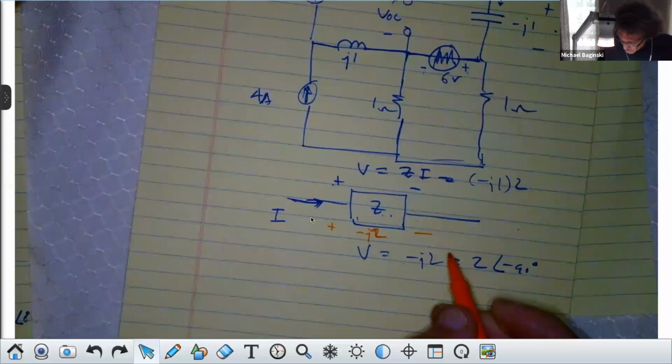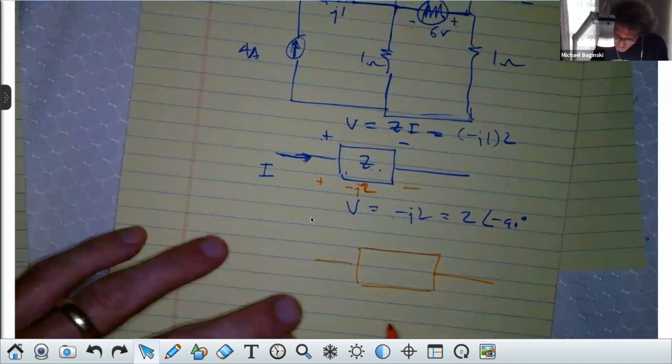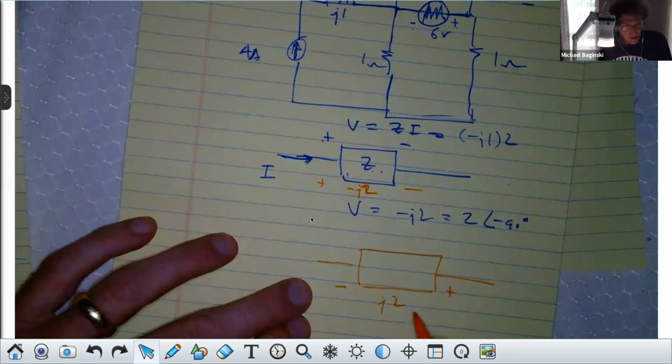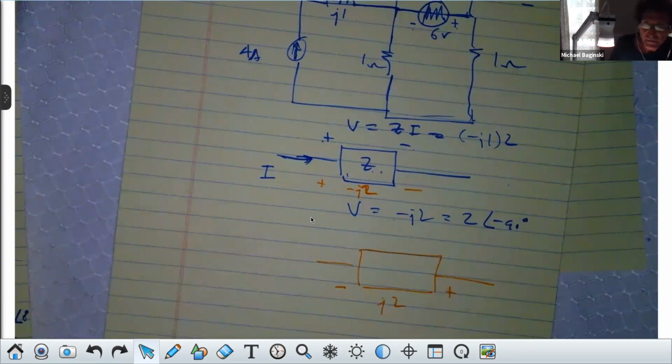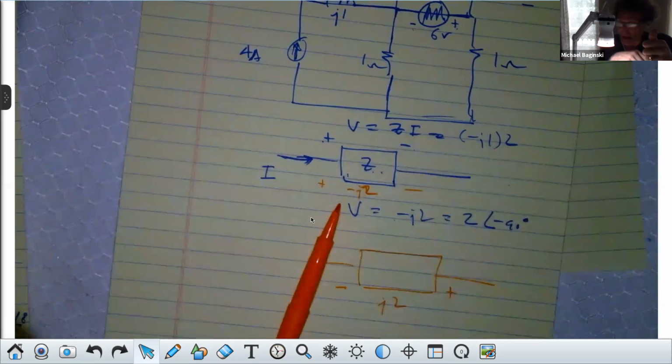Isn't that identical to saying, in fact, that was plus, that was minus, making this minus and this plus, and making that plus j2? Take a good look at what I just put down. How many see that? It's just like if you have minus 10 volts plus to minus, you switch the leads, you get plus 10 volts. Correct, class? How many see that?